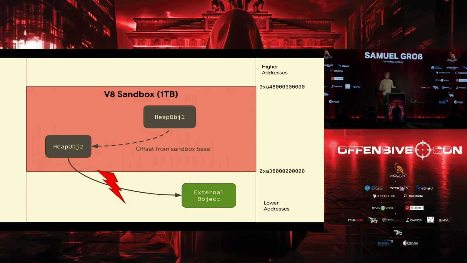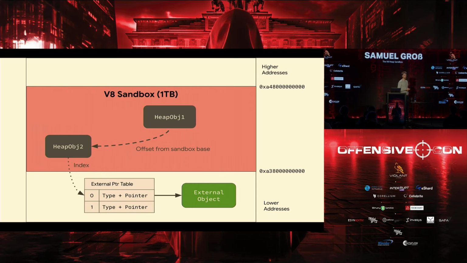Again, what's not okay is to reference them through a raw pointer, because the attacker can manipulate that pointer and unlock the entire address space. In this case, we also cannot use an offset, so instead we use a table. That reference turns into an index into some table. This table has some bit of type information and the real pointer.